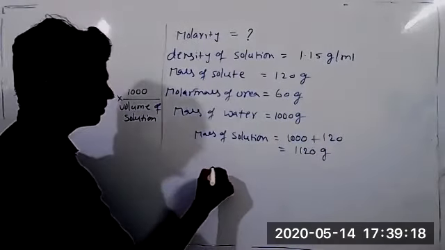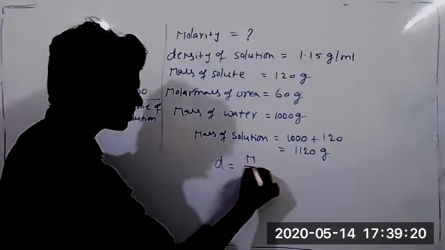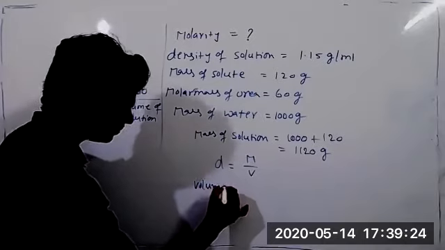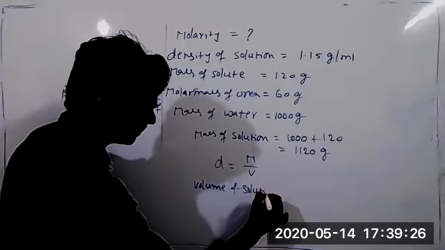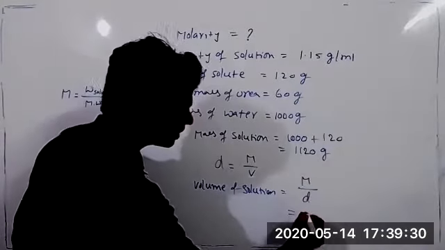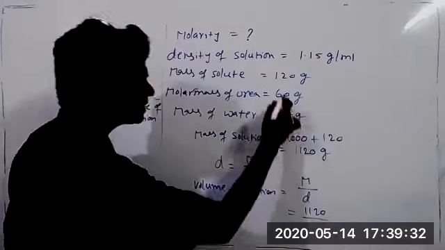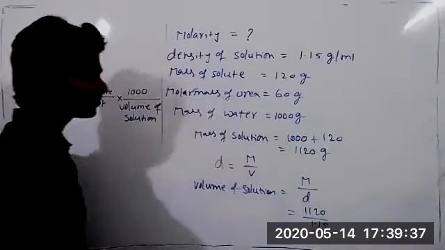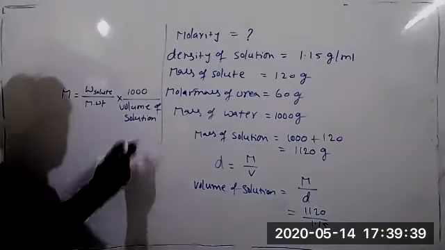Now, you know the density formula: D is equal to mass by V, where V is the volume of solution. Volume of solution is mass by density. Mass is 1120, density is 1.15. Calculate this value, and we substitute it here.